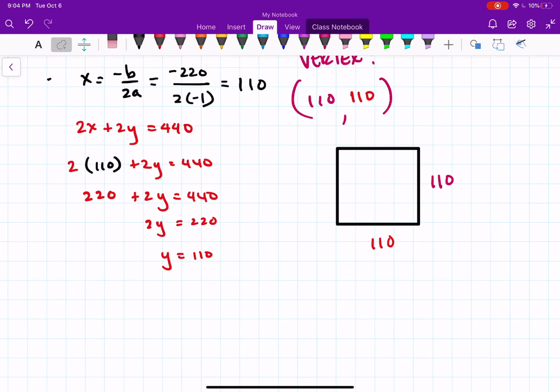All right. So my dimensions is going to be 110 yards by 110 yards.